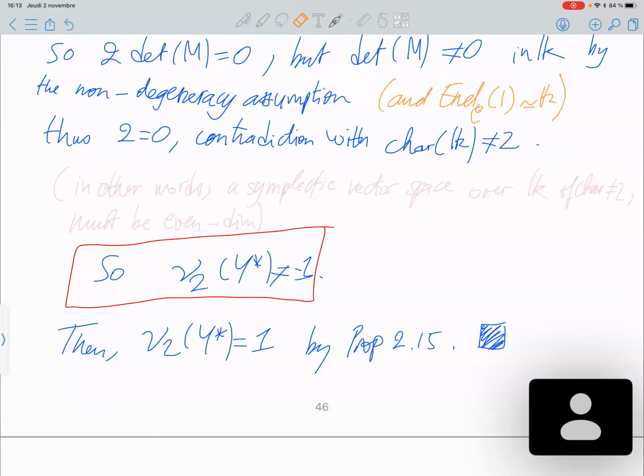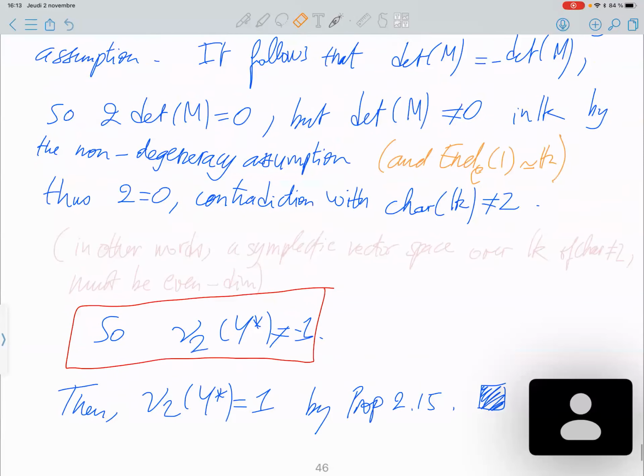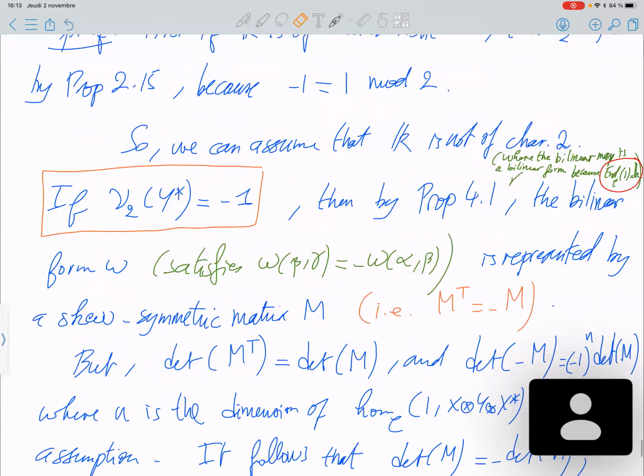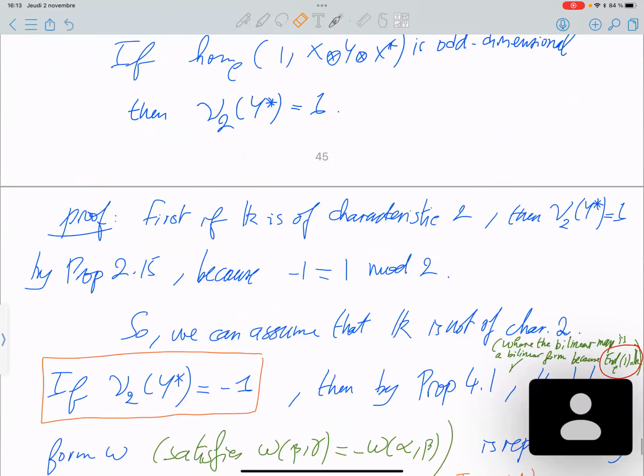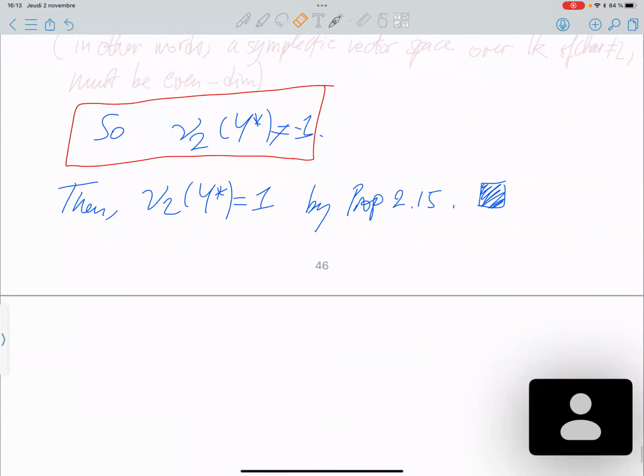Okay, so that's okay. So we finished. Now we are ready to prove theorem 1.1. So we are ready to prove Wang's conjecture in the Hopf case.